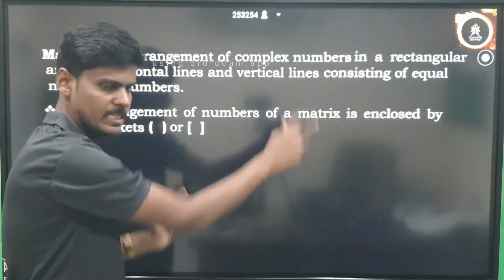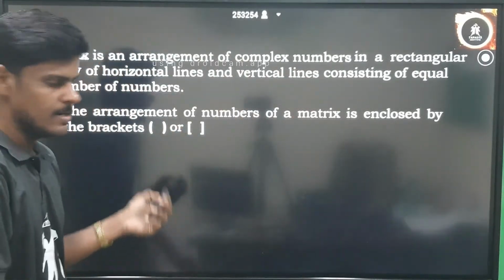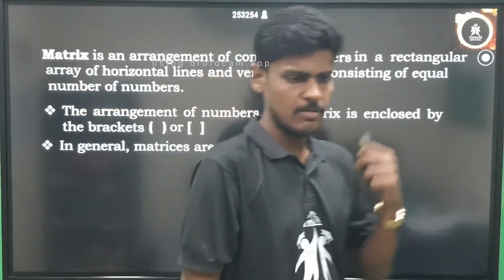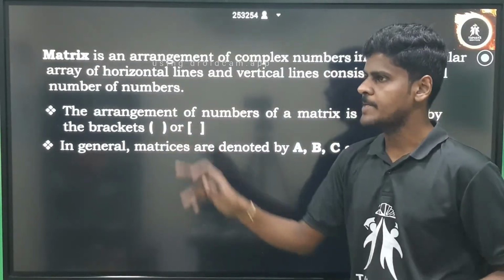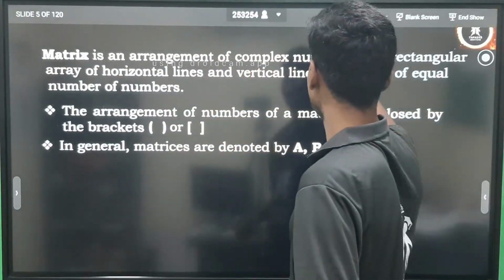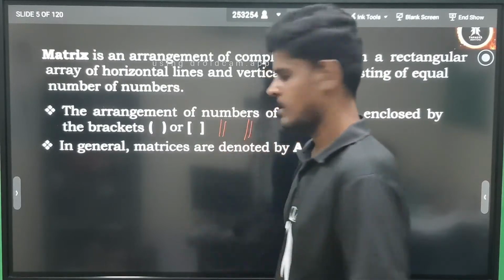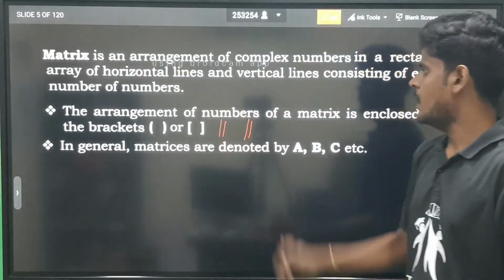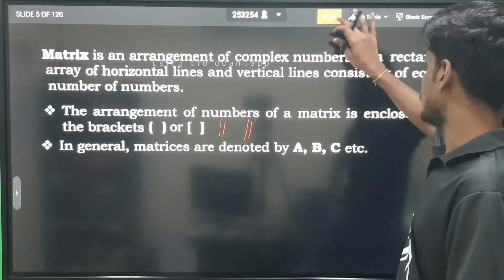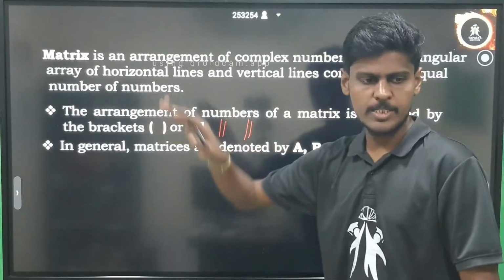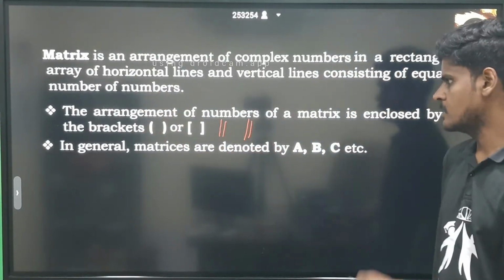Either we can use a parenthesis or square bracket. Matrix can be represented in both these ways. Or sometimes they may also represent a matrix with the symbol of double lines. All are matrices only. Matrix denotation can be expressed in all these variants.